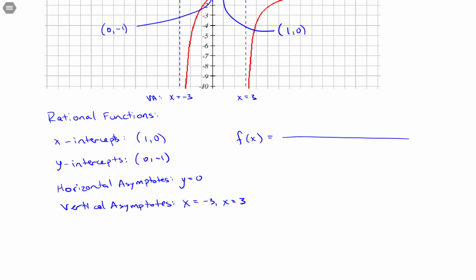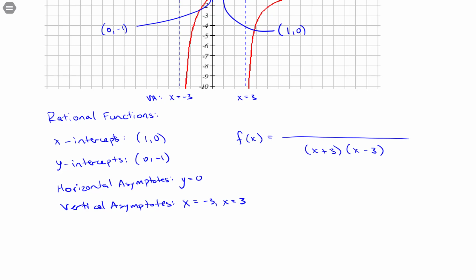I'll start with the vertical asymptotes. Those are actually pretty easy. All we need to do is make these zeros that we have for the vertical asymptote locations, make them zeros of the denominator. So just change these into factors. So this would be x + 3 as a factor, and this one would be x - 3 as a factor. Just bring the constant term over with the x value, so adding 3 to both sides and subtracting 3.